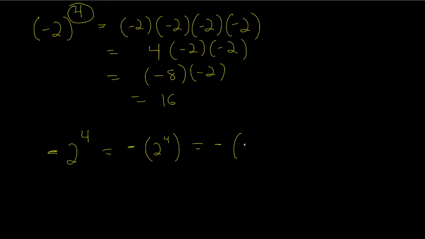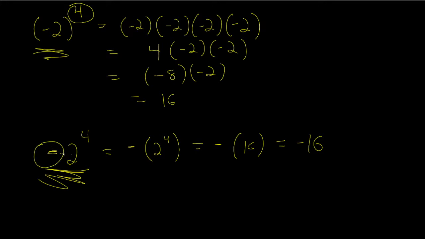And so we get 16 or negative 16. Watch this. This comes up a lot in the problems, and it's a notation thing to get used to. This negative sign is not attached to the 2 because of the power. And so you do the exponent bit first and then put the negative. If I want to attach it, I put it in parentheses.